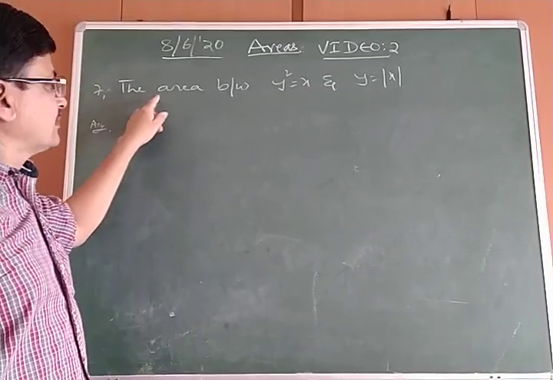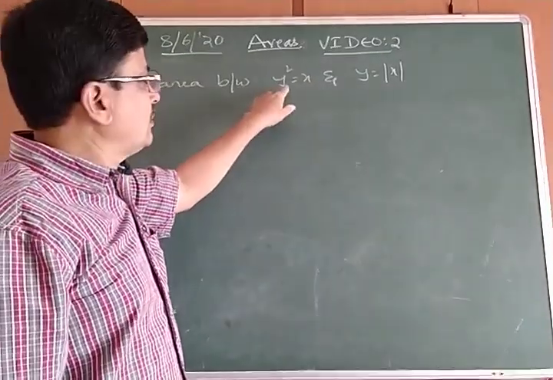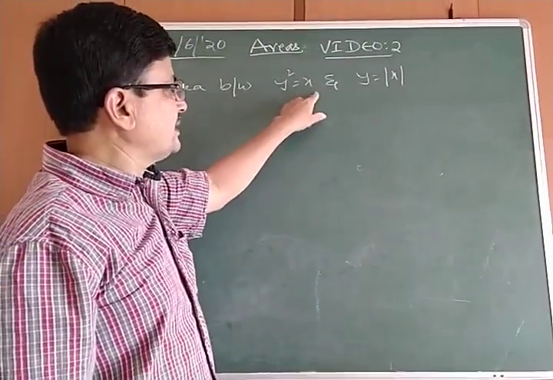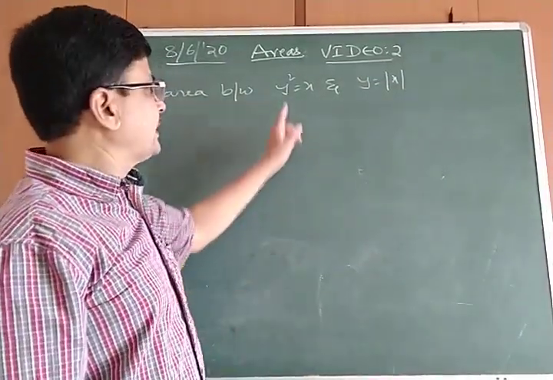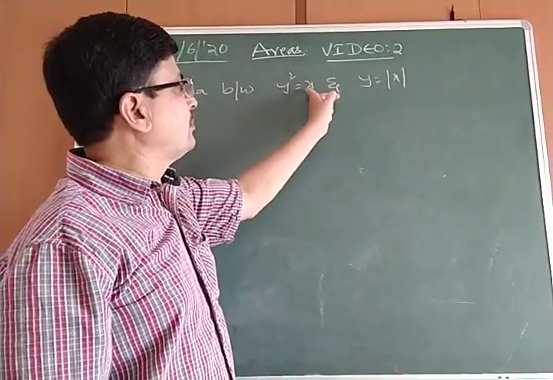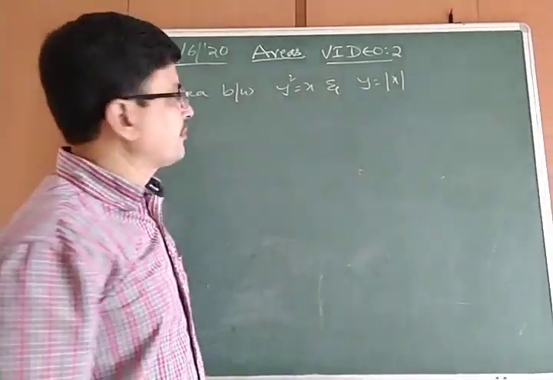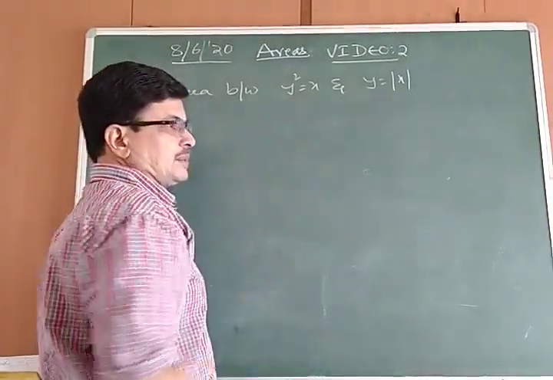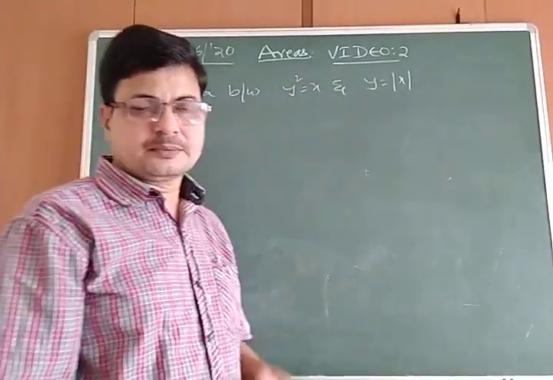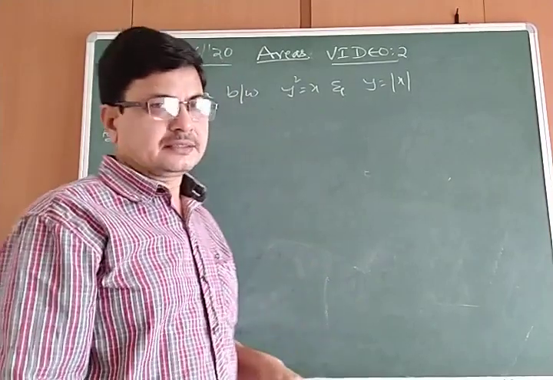Number 7. The area between the parabola y square is equal to x and the lines y is equal to mod x. That means the area in between the parabola and the lines. We know that y square is equal to x represents a parabola whose axis is the x-axis.